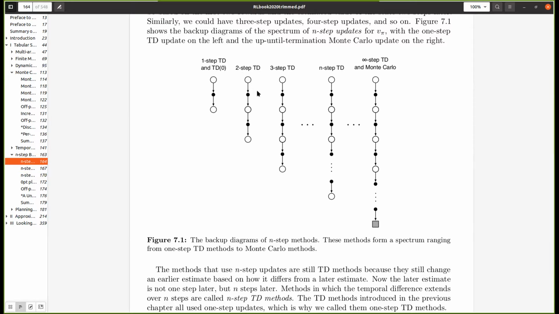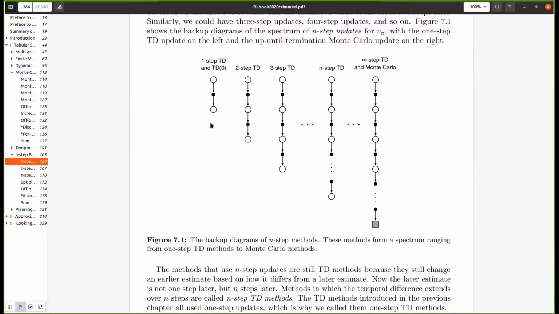But what we could do is look ahead multiple steps, right? The extreme case of that would be a Monte Carlo method, when we look through all of our experiences up to the terminal state.